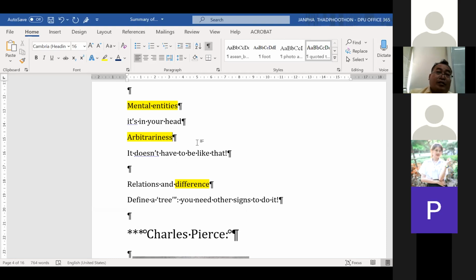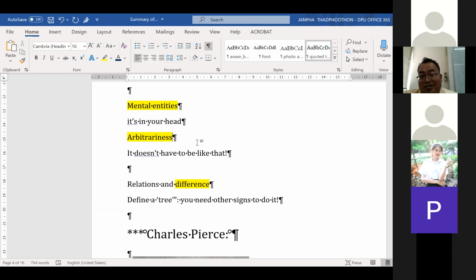There's no logical reason why the Japanese would call it sakana, or the Cambodian people would call it trei, and the Thai people would call it pla.